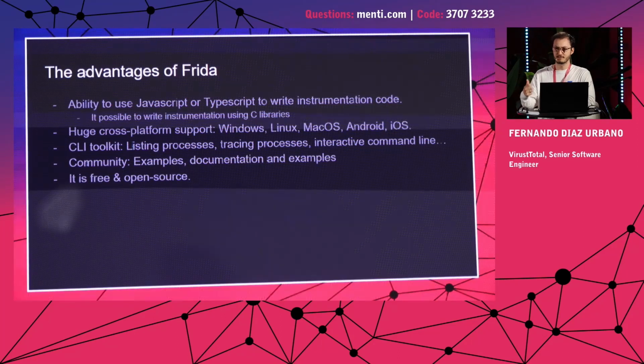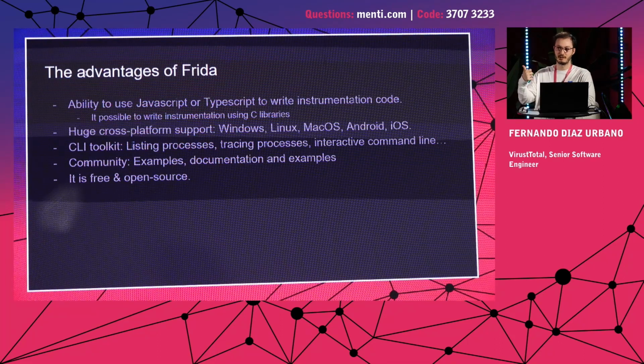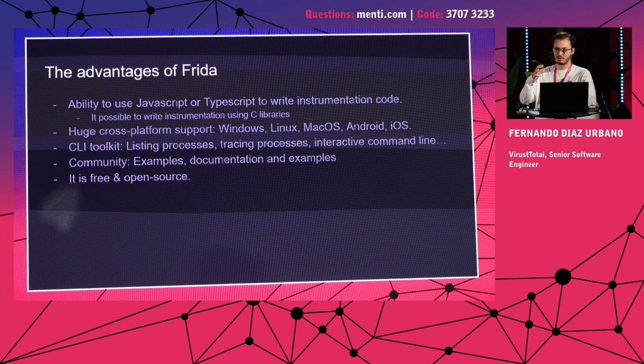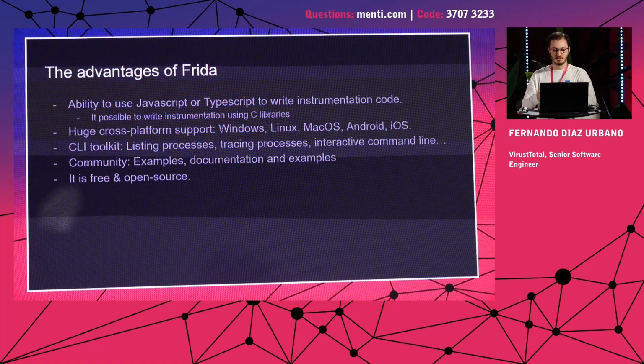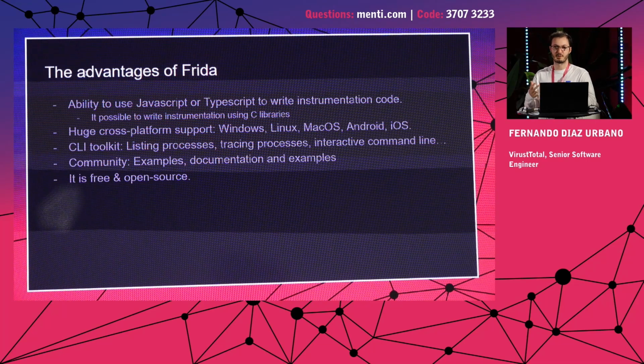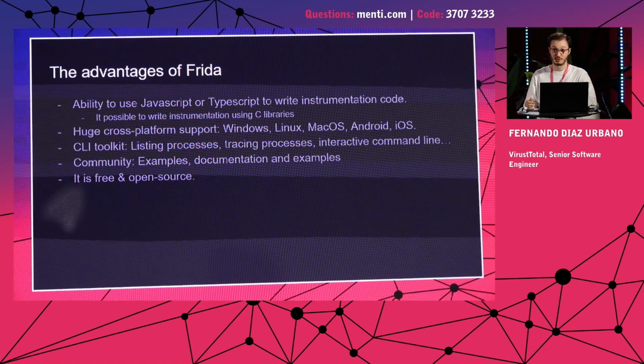We also have the toolkit, which is a series of command line tools that we can use to list processes and to get a command line with Frida. We can also automatically trace without writing any tracing code. And there are lots of examples. There are community examples and GitHub repositories with code examples. So probably any problem that you might find when using Frida has already been solved by someone in the community.